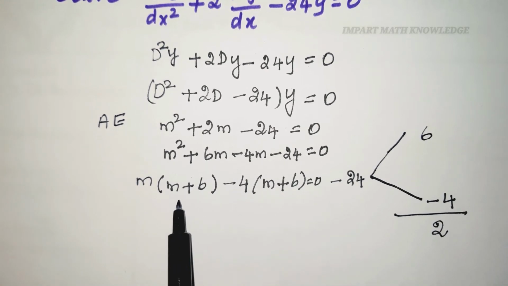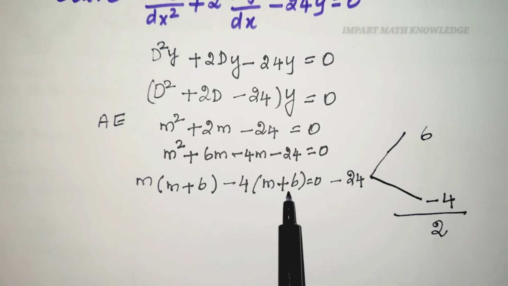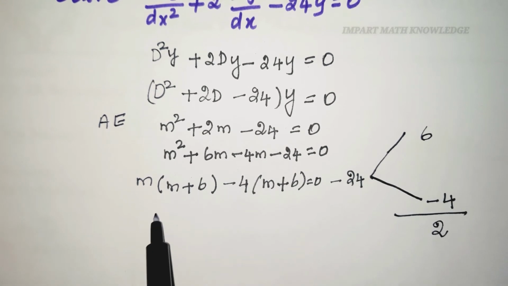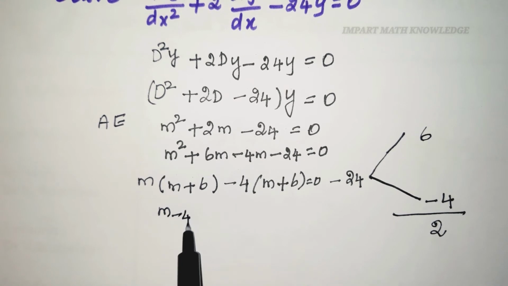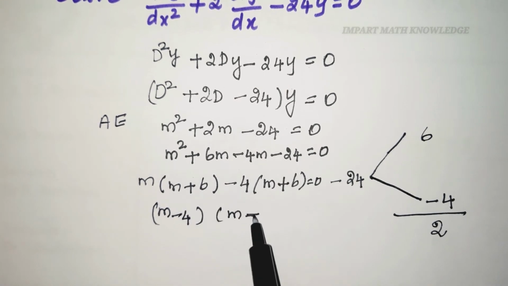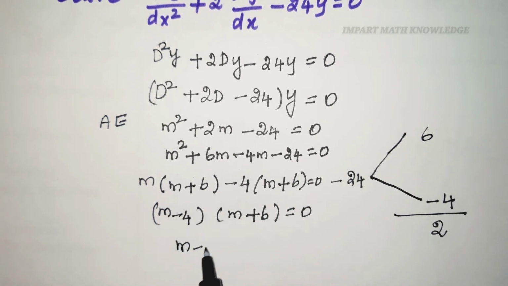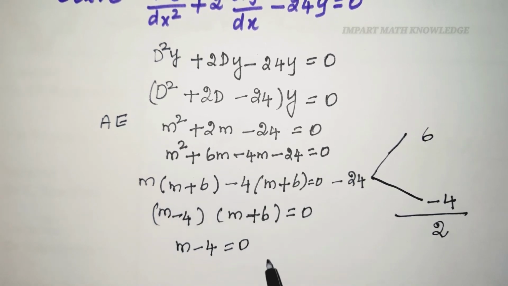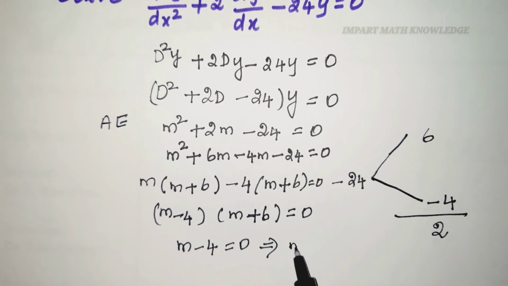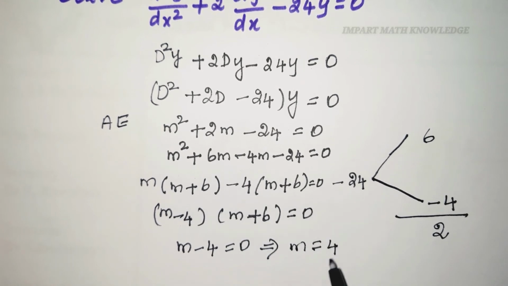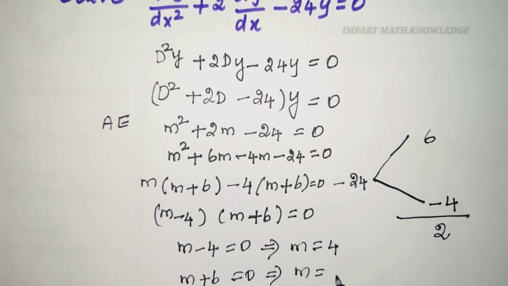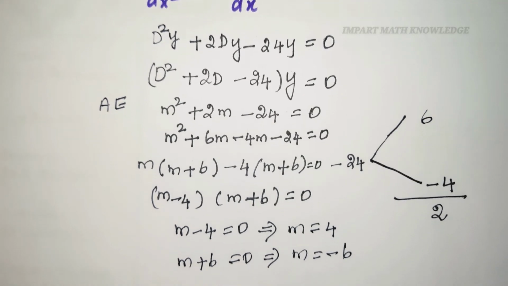Now, make sure that these two terms should be equal. Now, this can be written as m minus 4, m plus 6 is equal to 0. m minus 4 is equal to 0 implies that m is equal to 4. m plus 6 is equal to 0 implies that m is equal to minus 6.